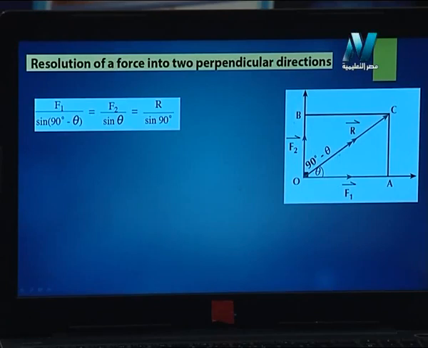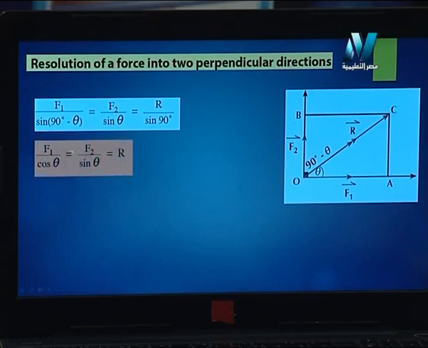The sum of 90 minus theta plus theta equals 90. We know that sine (90 minus theta) equals cosine theta. So we can put it in the rule: F1 over cosine theta equals F2 over sine theta equals R. Why R only? Because sine 90 equals 1.